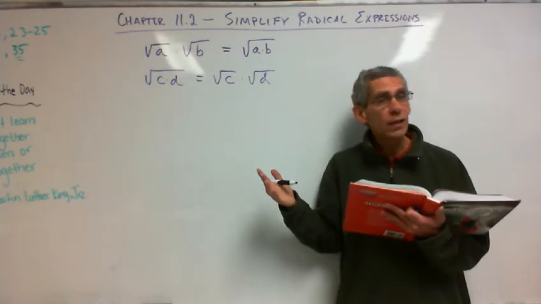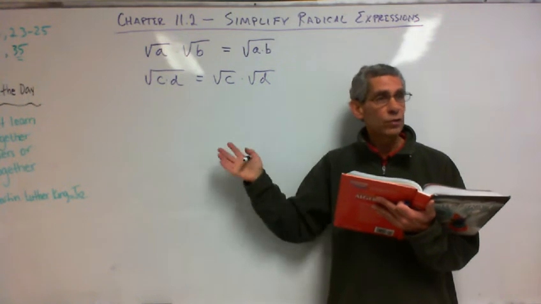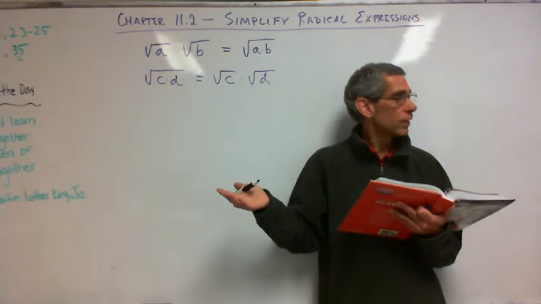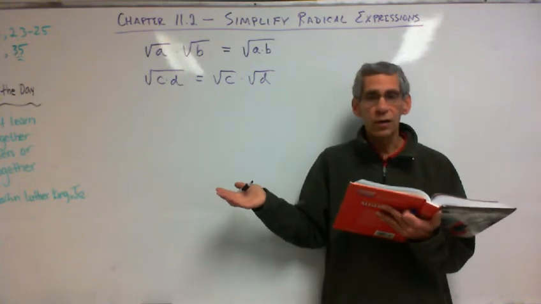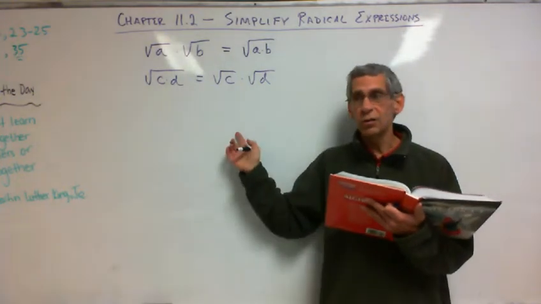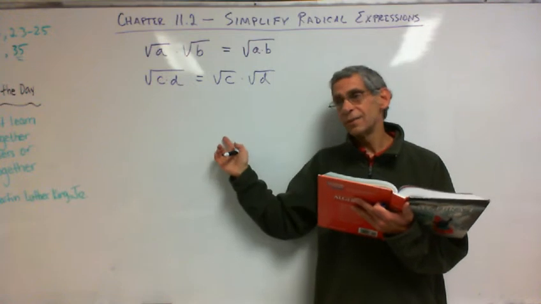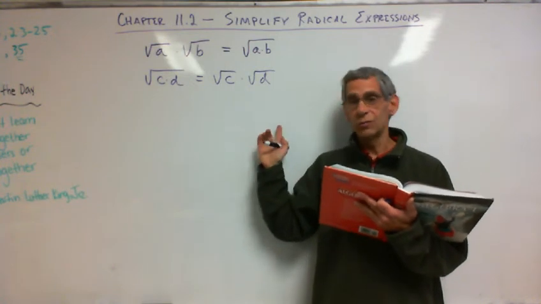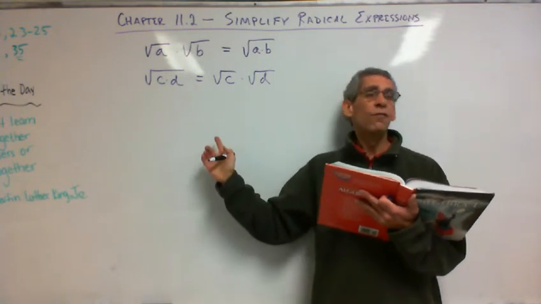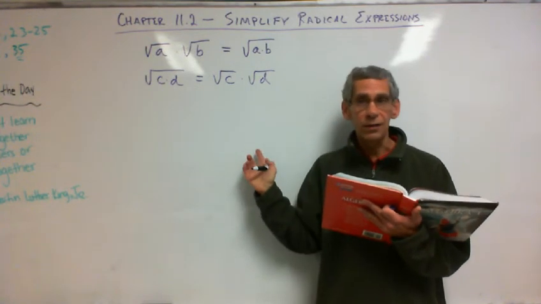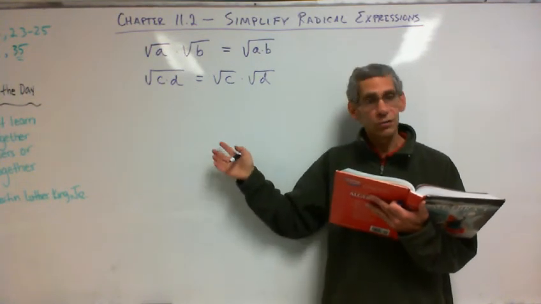But truthfully, what I'm going to teach you right now, or what I've already taught you really, is not that useful, because with a calculator it's so much quicker to put in the square root of 32 and it'll give you an answer. You don't do the square root of 16 times 2, which is 4 times the square root of 2, and then put that in your calculator. It's so much quicker to just do the square root of 32.